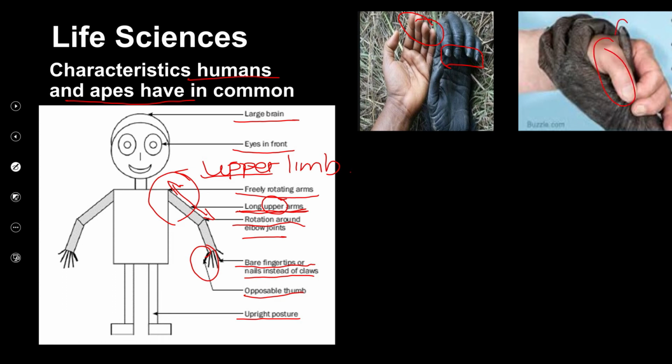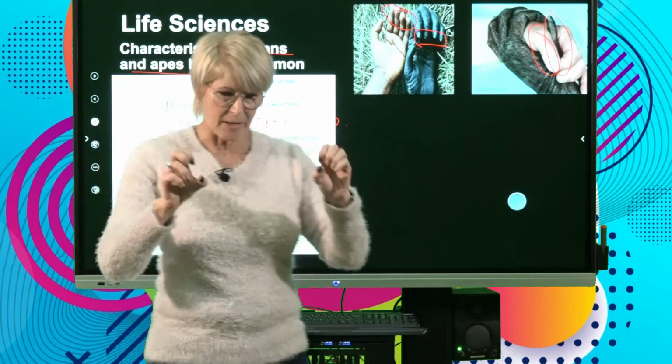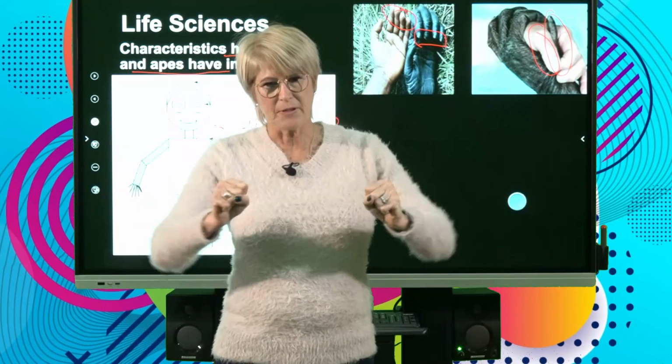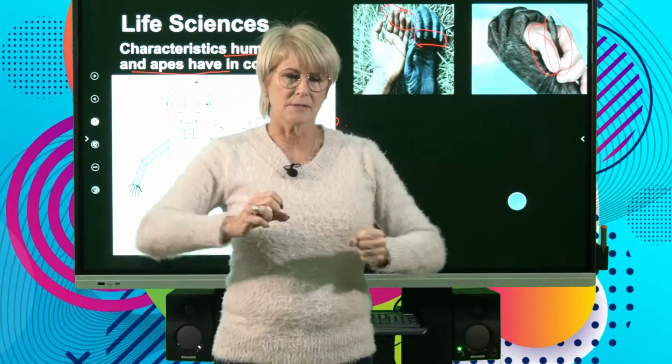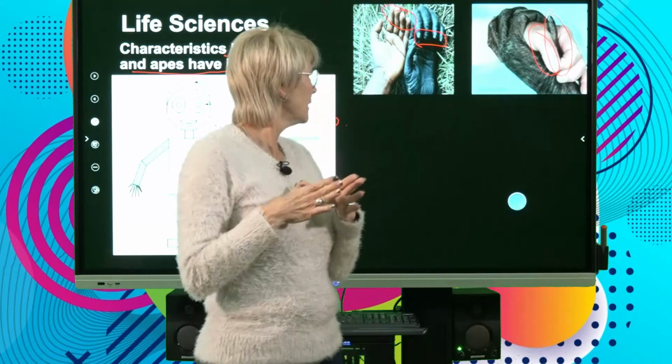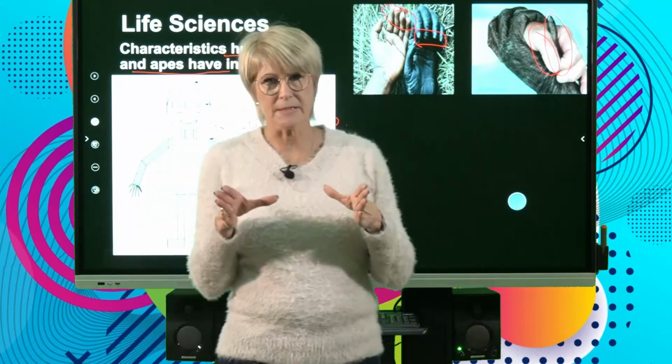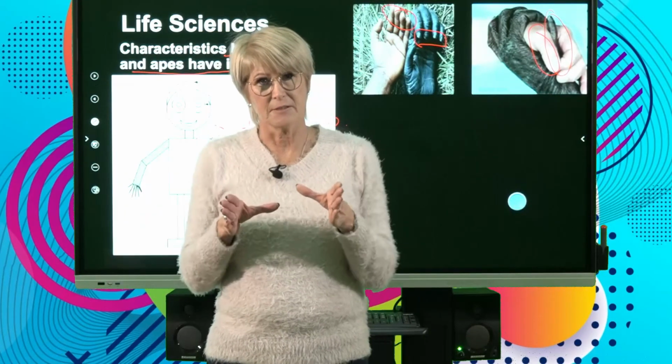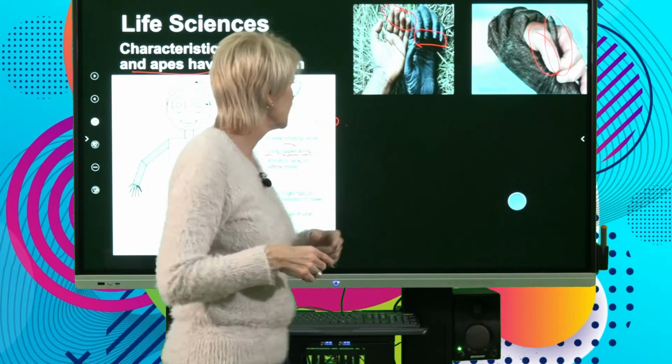So us as well as other primates have that opposable thumb, and that gives us the ability to grip things, pick up things, hold things, gives us power, and it gives us precision movement. That is different to the rest of the animal kingdom.